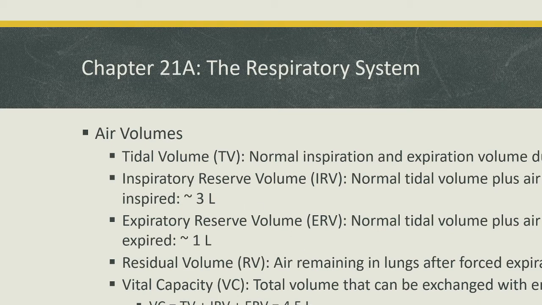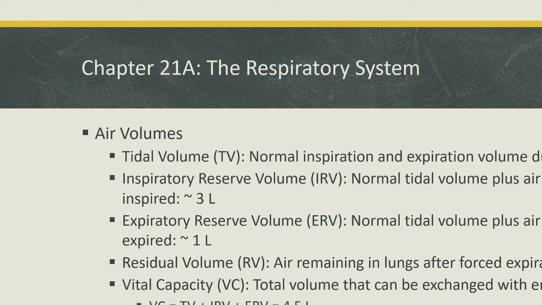But if I assume the text was accurate with the 4.5 liters, but maybe sloppy with their wording, then I take it as there's a normal tidal volume, and then we can add to that an additional 3 liters. And then from what we breathe out, we can breathe out an additional 1 liter, which would give us 4.5 liters of air that we can possibly inhale and exhale.